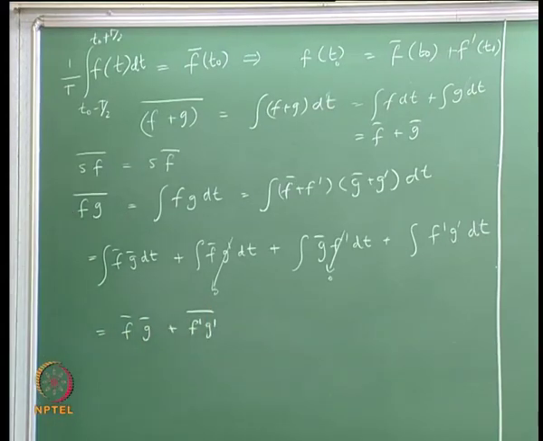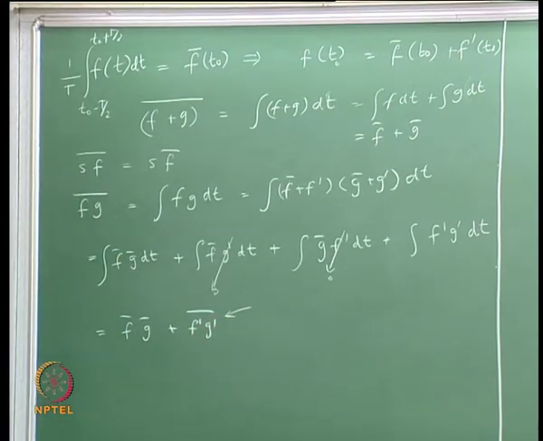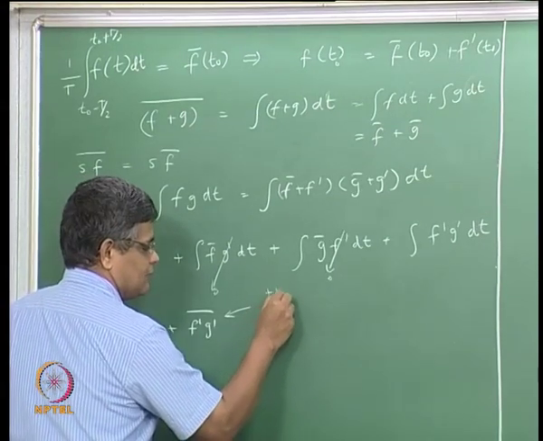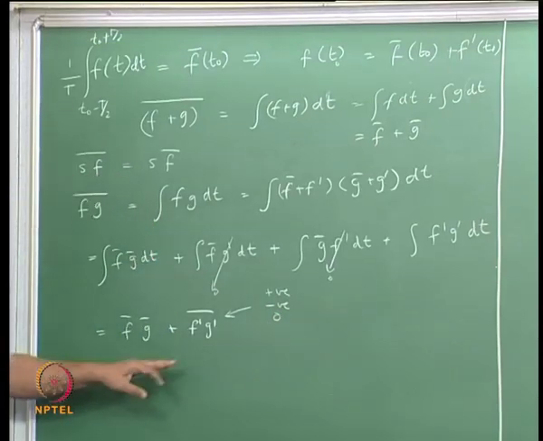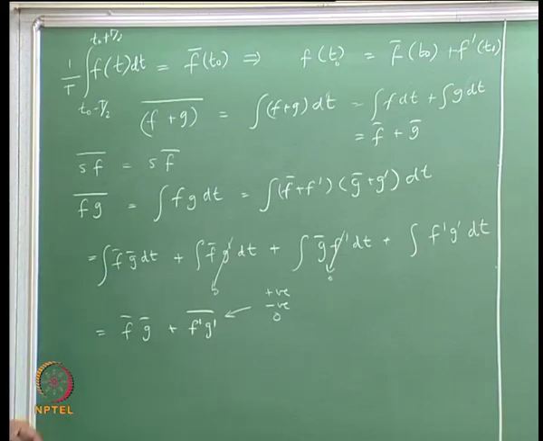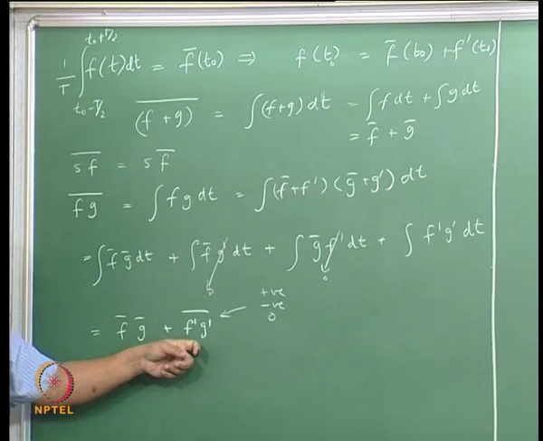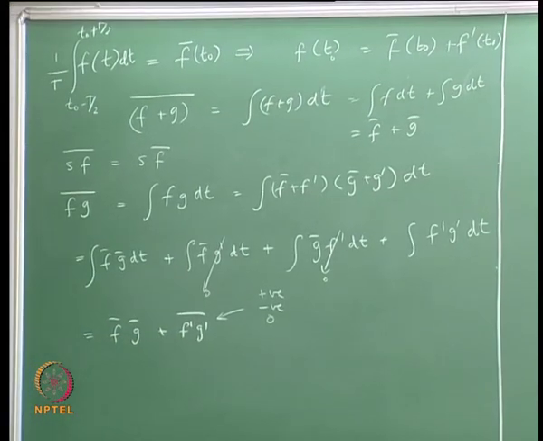And we have said earlier through a homely example that this quantity here is not necessarily 0; it can be positive or negative, and it can be 0 only when f and g are independent. The fluctuations arising out of f are not related in any way to the fluctuations related to g.